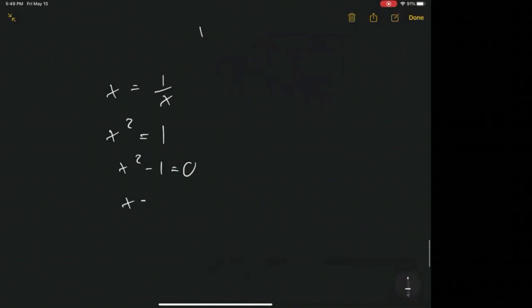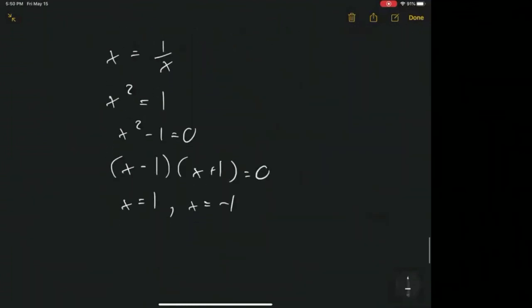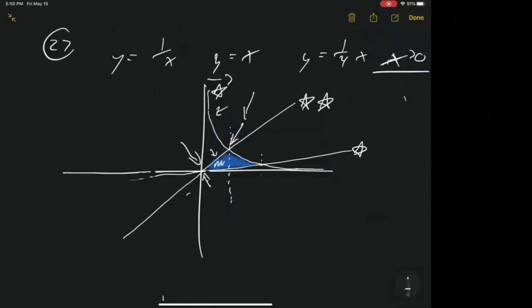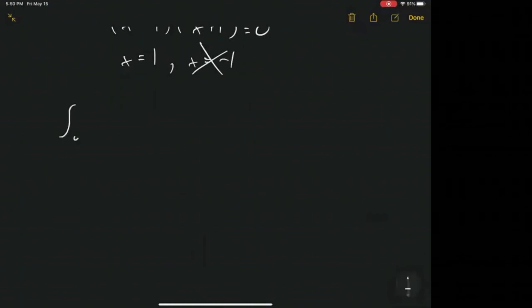We could factor this as x minus 1, x plus 1. So that's going to happen at x equals positive 1, x equals negative 1. Since we have this condition, x is greater than or equal to 0, we can ignore this answer. So this point where our curves intersect is going to be at x equals 1. So my first region should be 0 to 1.